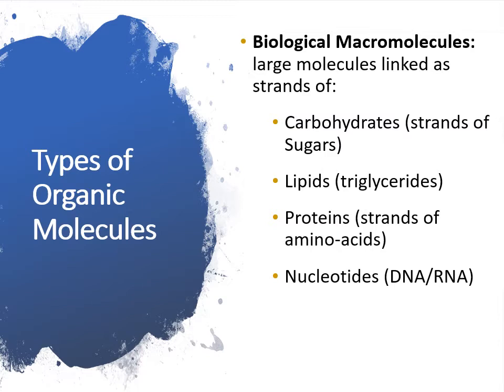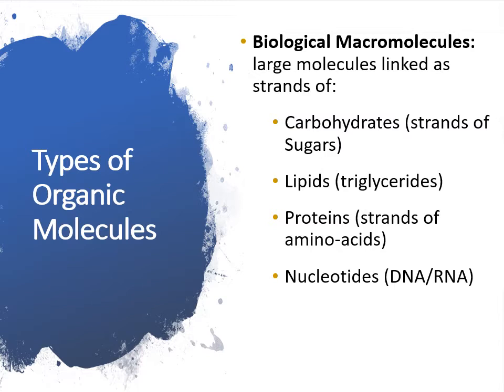So in actual fact, when you're eating a bowl of pasta, you could almost see it as eating a bowl of sugar. Okay? Because the body is going to break down the carbohydrate strands and it's going to break it down into simple sugars, which it's going to use as energy.